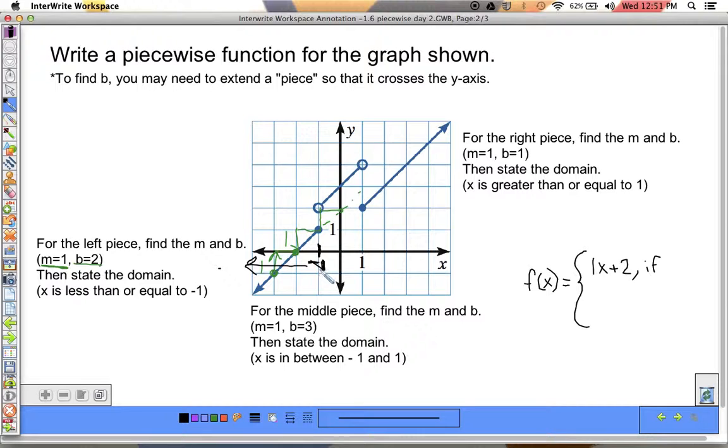So for my x part back here, it's going to be x is less than, because it goes left, that's a less than, and then my dot was filled in, so less than or equal to whatever that number is at that dot, so -1. Don't use the y value, we're doing the domain, so you want to use the x value.